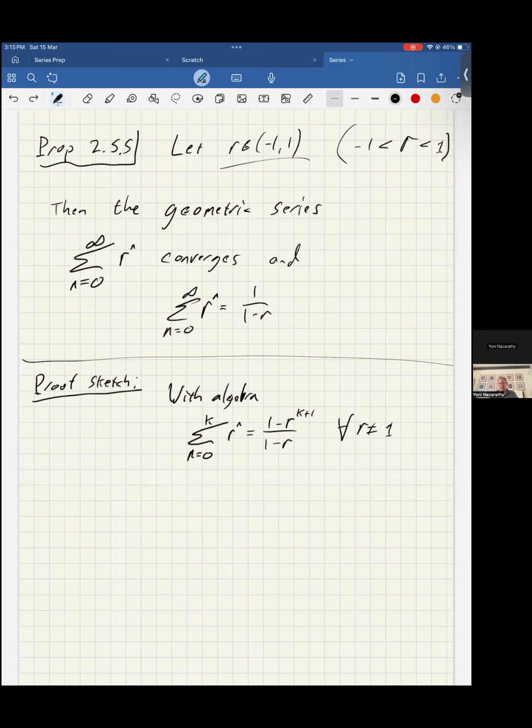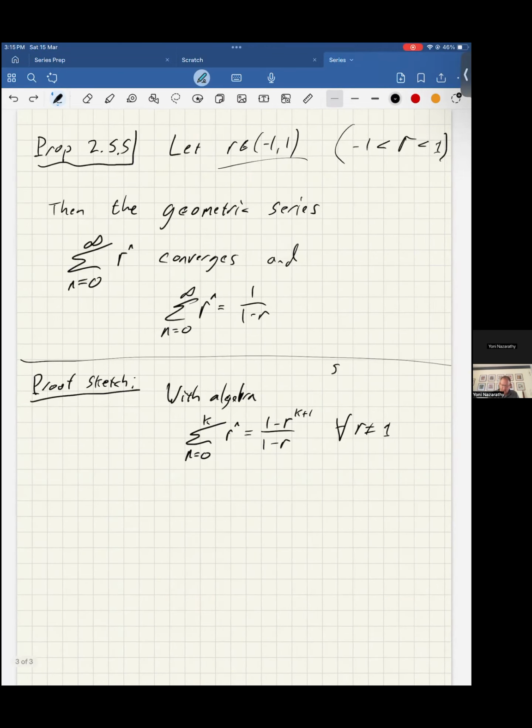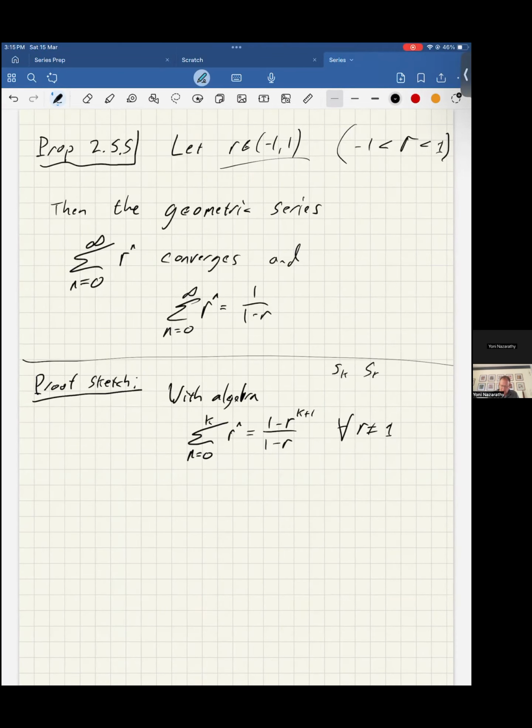In fact, one way to show it is you just take out the first term, or maybe multiply by r, and get an expression for the partial sum s_k and the partial sum s_{k+1}, for example, and work that out and then just do two or three steps of algebra. That's not so hard.